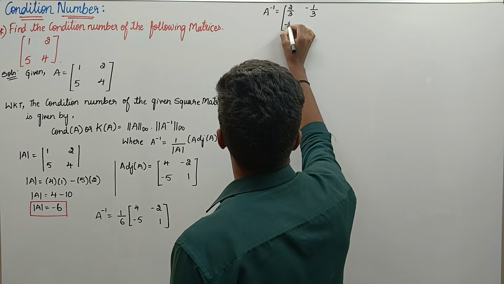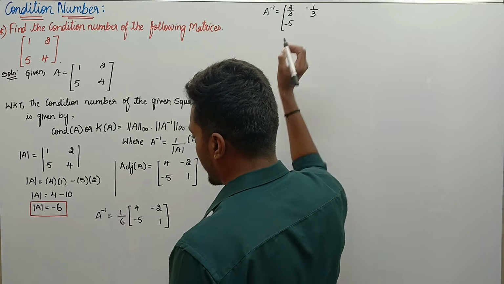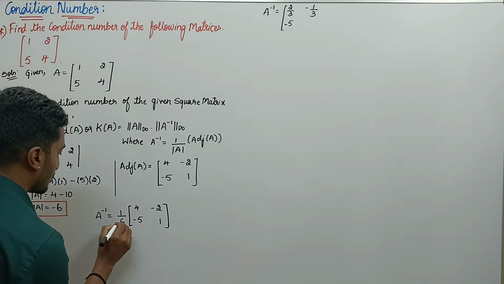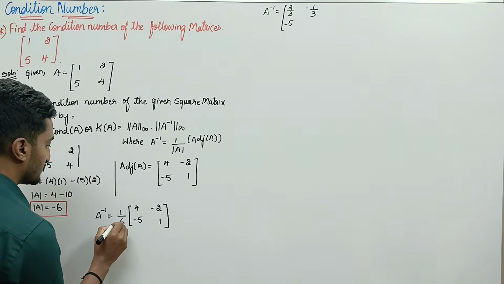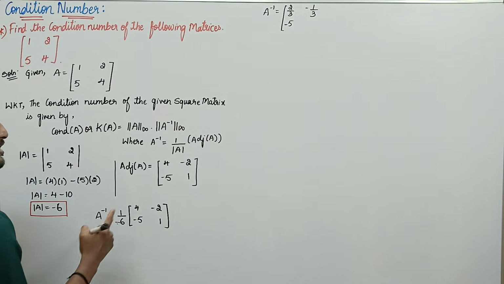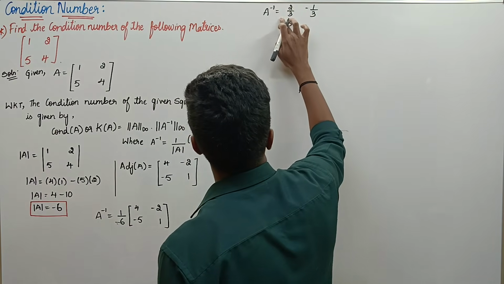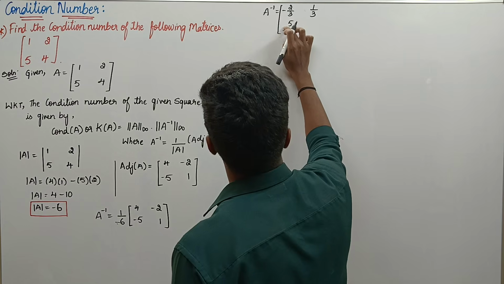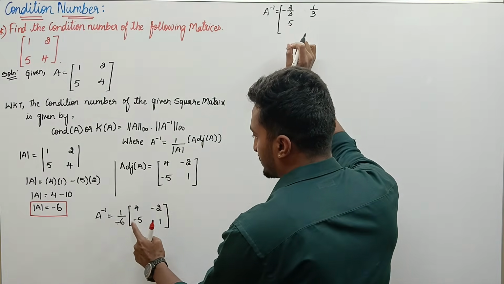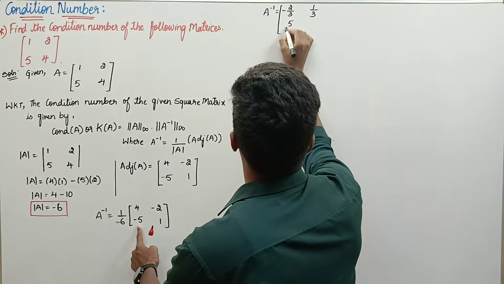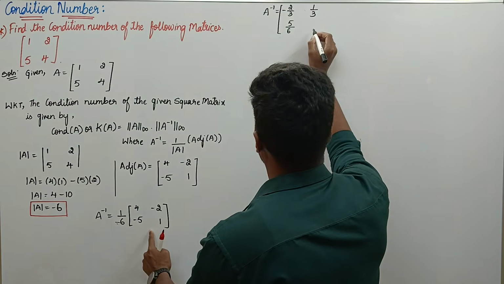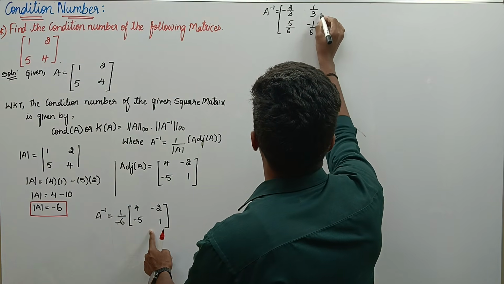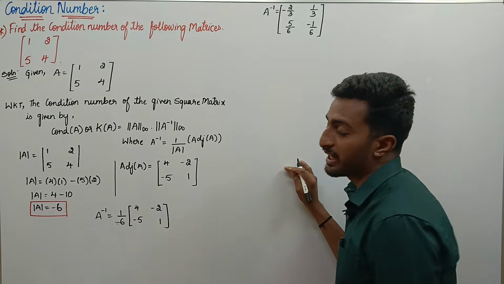Next, minus 5. Since we have determinant minus, minus into minus gives plus, so we get plus 5 by 6, next minus 1 by 6. This is our A inverse.